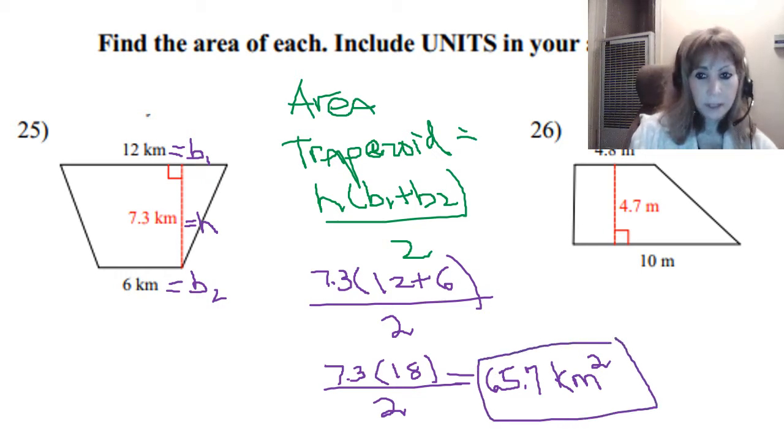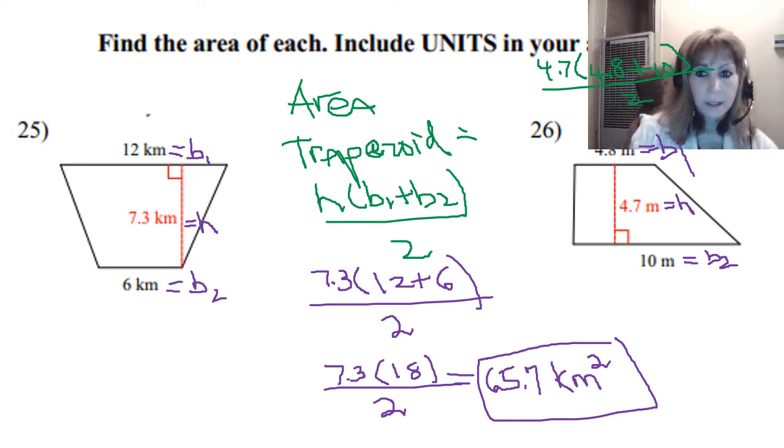And then also the same thing here. This is your height. Call this base 1, base 2. Same formula. So the height is 4.7. Base 1, 4.8, plus base 2, 10. All that divided by 2.